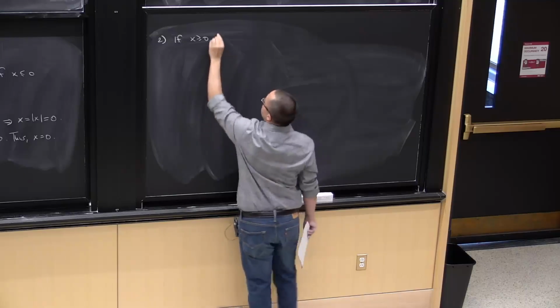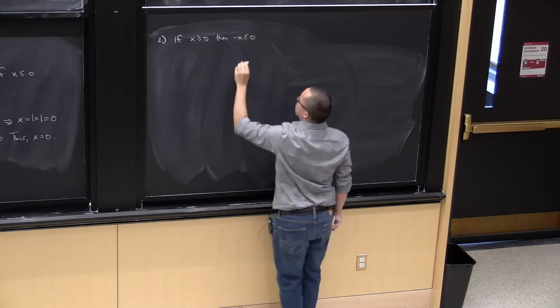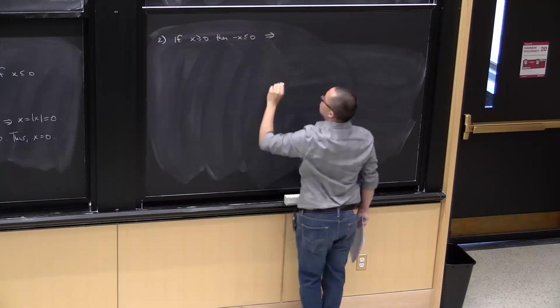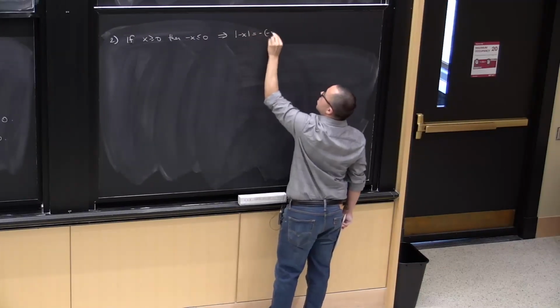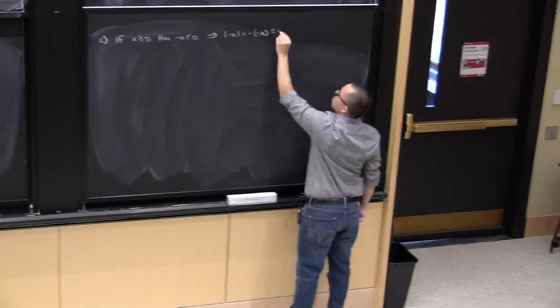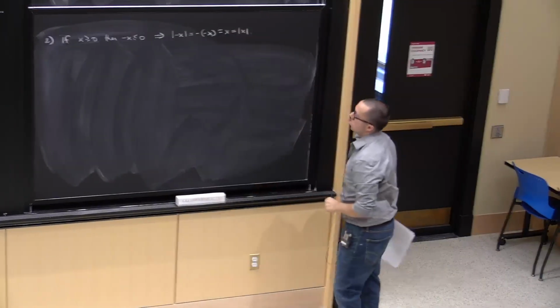If x is bigger than or equal to 0, then minus x is less than or equal to 0, which implies that the absolute value of minus x equals minus x, which equals the absolute value of x, since we're in the case that x is non-negative.